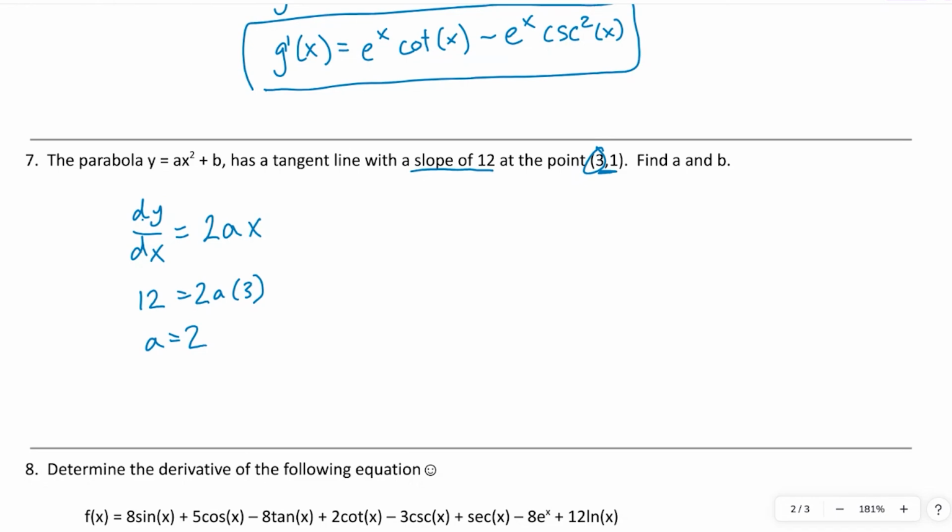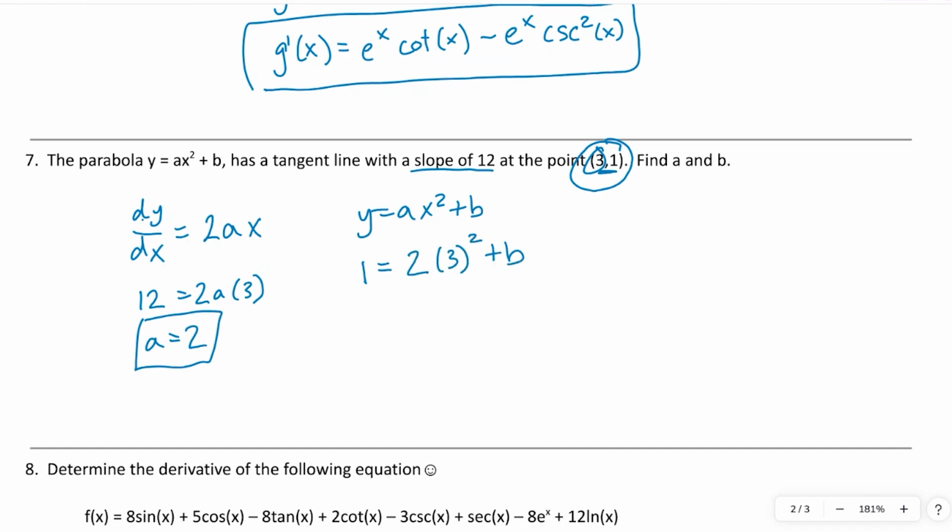Now that I know a, I can use that to find b. I know that y equals ax squared plus b, and I know (3, 1) is on the curve. So I can plug that into x and y. 1 equals, and I got a to be 2, right? Remember, don't forget that. 1 equals a is 2 times the x is 3 squared plus b.